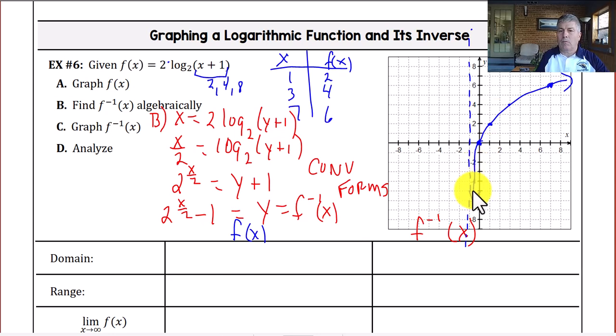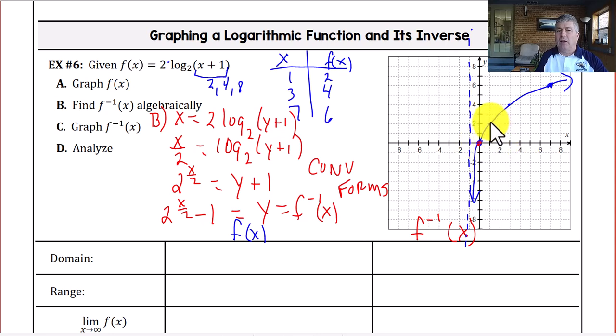Question C says graph the inverse of x. Well, that looks like it's going to be a tough exponential to graph. We could do that with our transformations. I think it's easiest just to flip our x and y ordered pairs. So I have the ordered pair 0, 0. That's going to stay 0, 0, so I can put a red dot there.